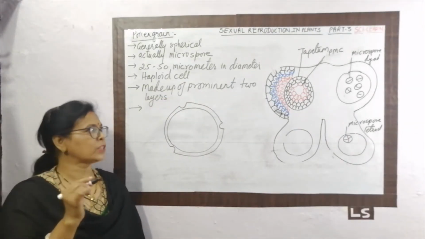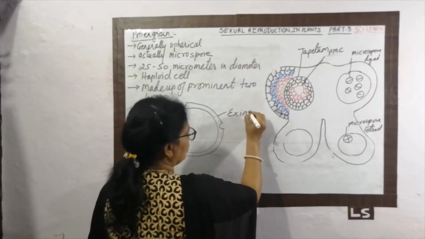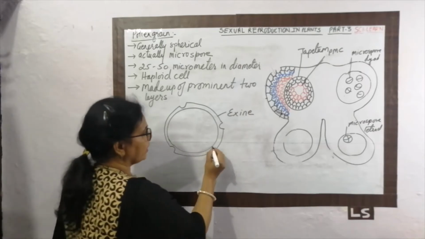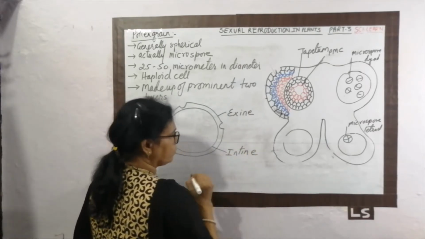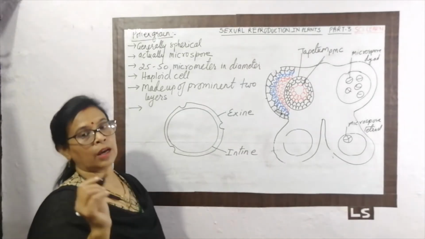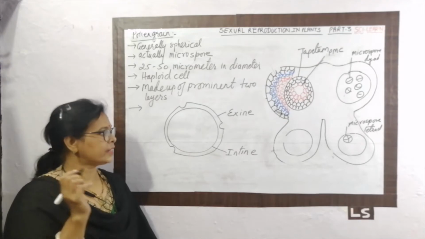The outer layer is called exine, and the inner layer is called intine. Okay, two layers are there.